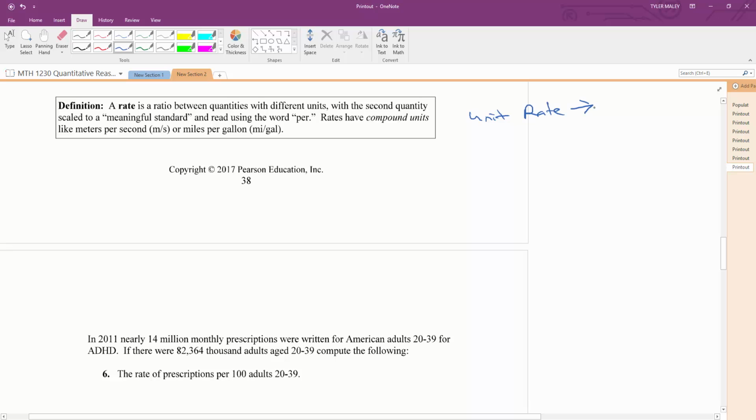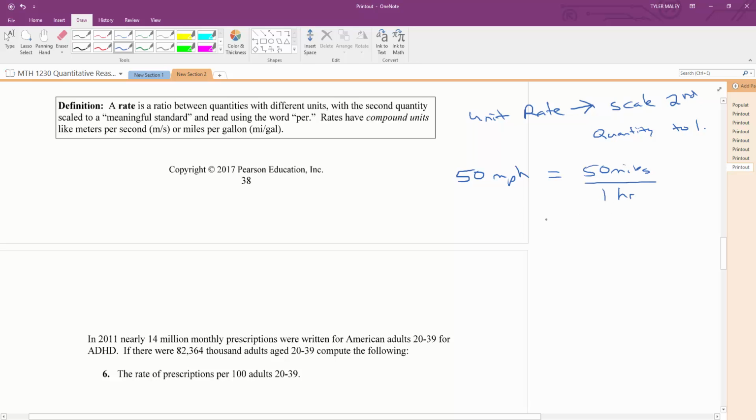A unit rate, if you remember, is when you scale the second quantity to 1. For example, 50 miles per hour is a unit rate because this means 50 miles in 1 hour, so over 1 hour.